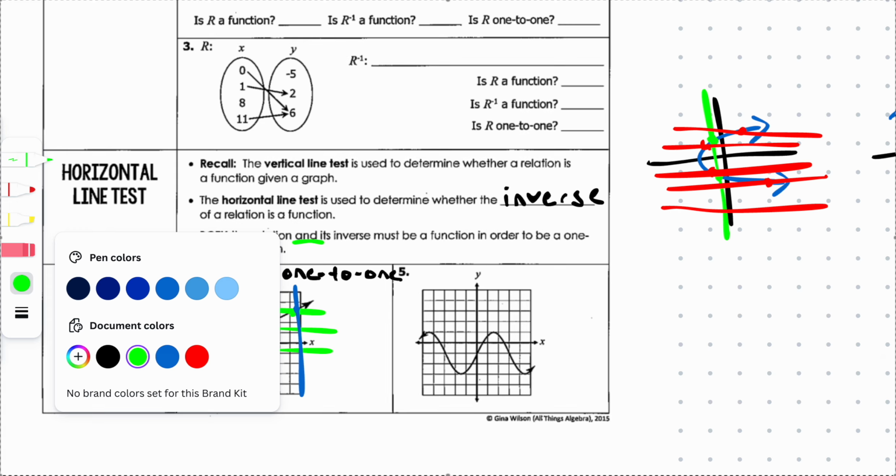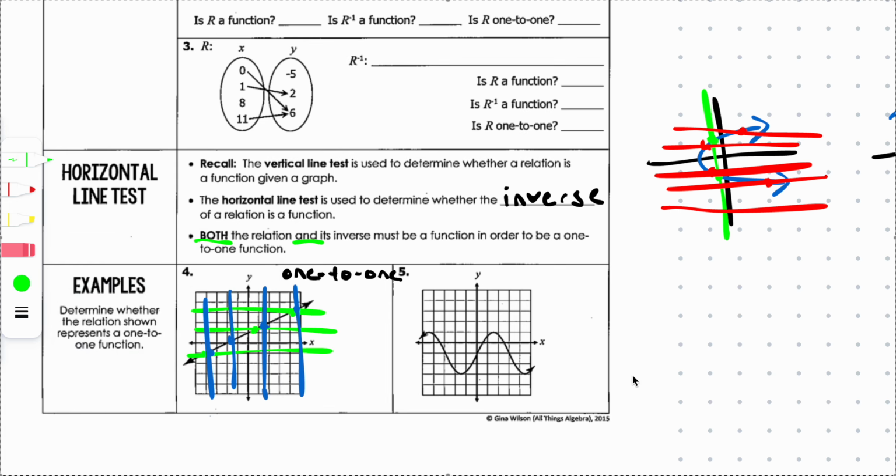Okay? Now let's try this other function down here, which looks kind of squiggly. This is actually a trig function. So let's first try doing the horizontal line test. As we go through up here, we don't have any intersection, which is fine.